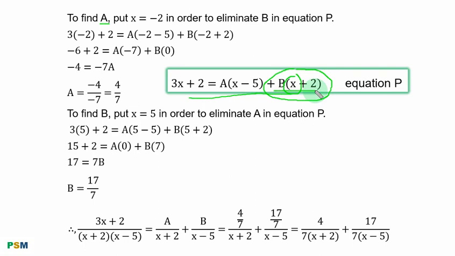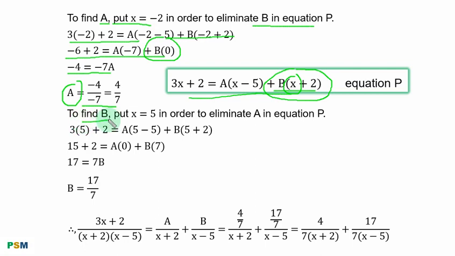Put s equal to minus 2 in order to eliminate B in equation P. You have this result, that is minus 4 equal to minus 7A. This term is now 0. To get A, divide both sides by minus 7.